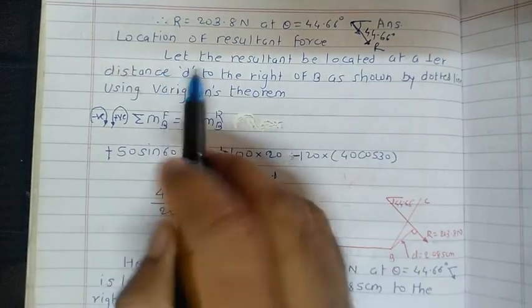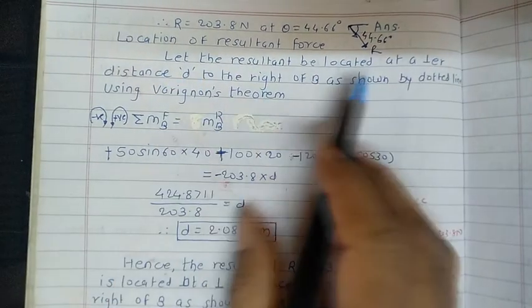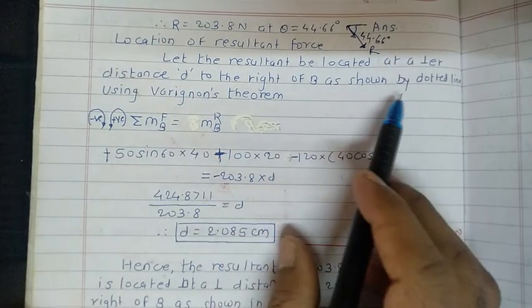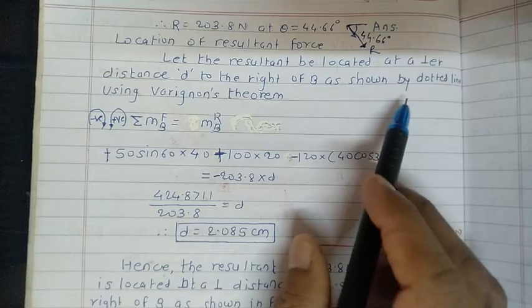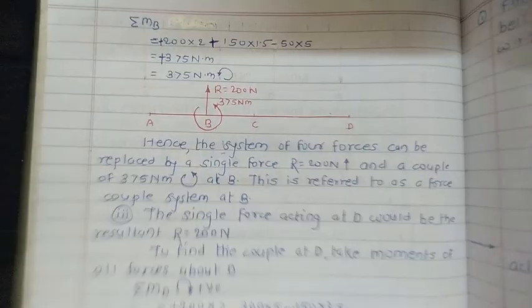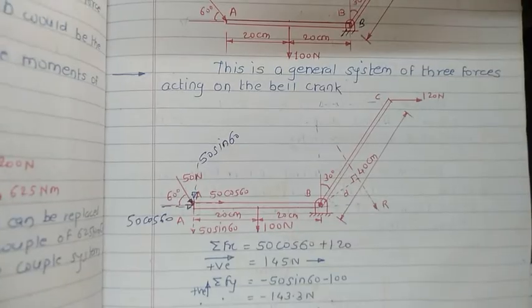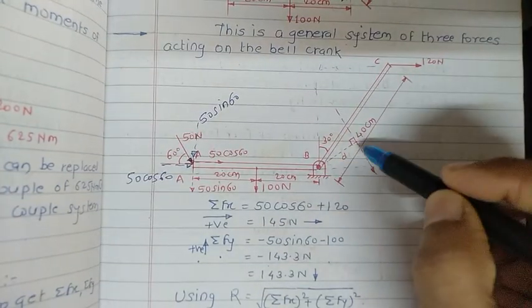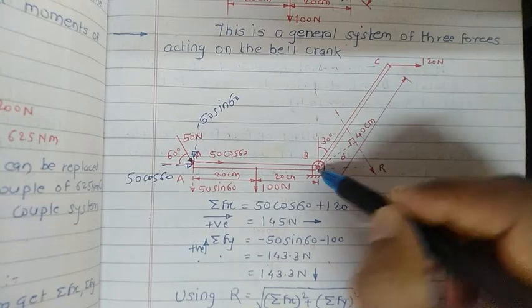Here let the resultant be located at a perpendicular distance d to the right of B by dotted lines. So here that resultant force is shown with the help of a dotted line. Here is the perpendicular distance between that resultant force and the point about which the moment is to be taken.